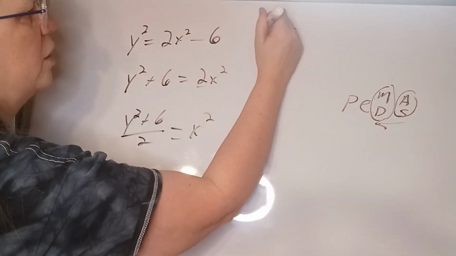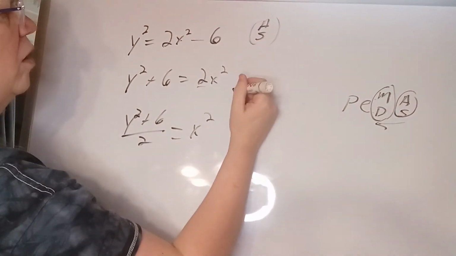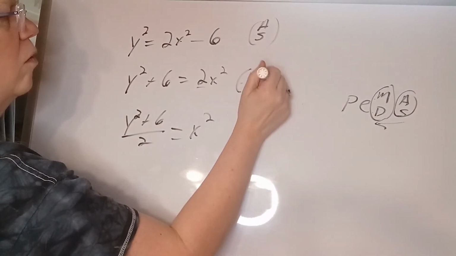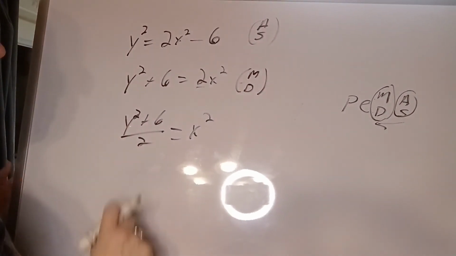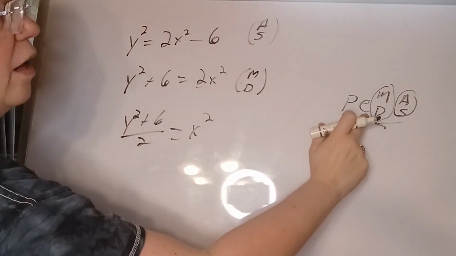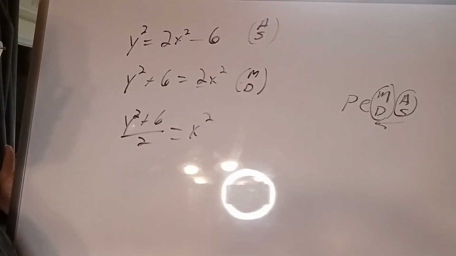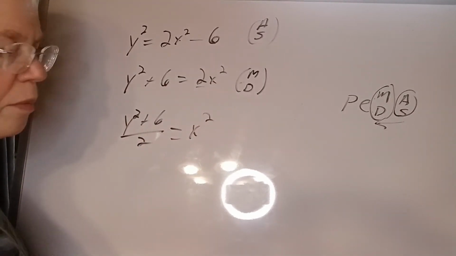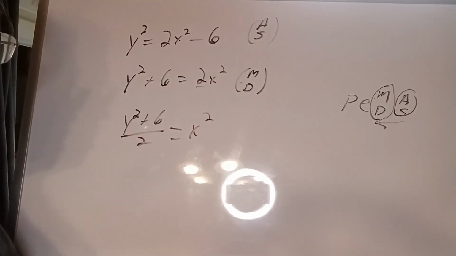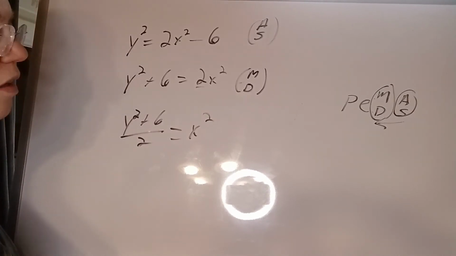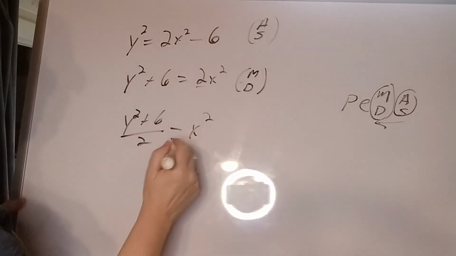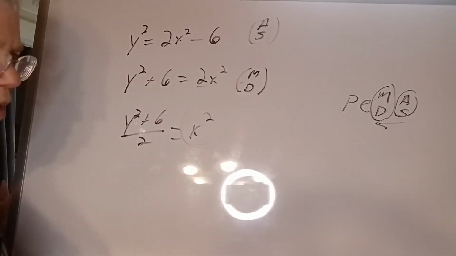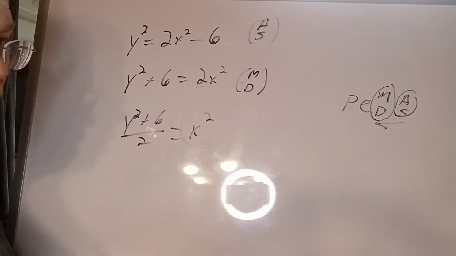So this was adding and subtracting, and this was multiplying and dividing. Now we're up to the exponents. We've got x squared, but we also have y squared. But you know what? The y squared doesn't matter. We don't care. All we care about is the things that are attached to the x, because that's what we're solving for.